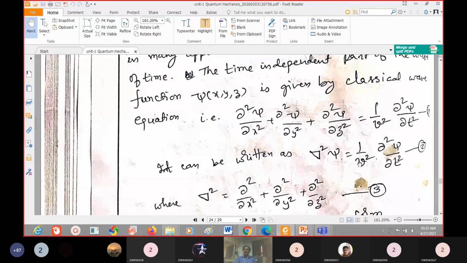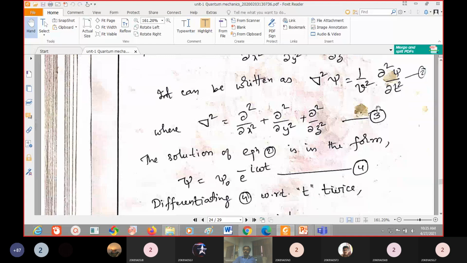For that, we are solving this second order differential equation. What is the solution of the second order differential equation? Psi is equal to psi naught into e power i omega t. You have to remember this. This is the solution of this equation.